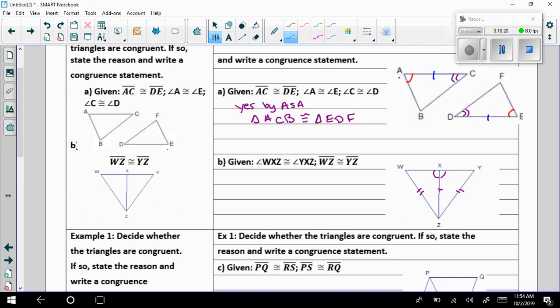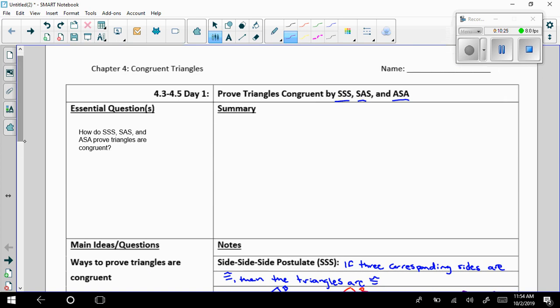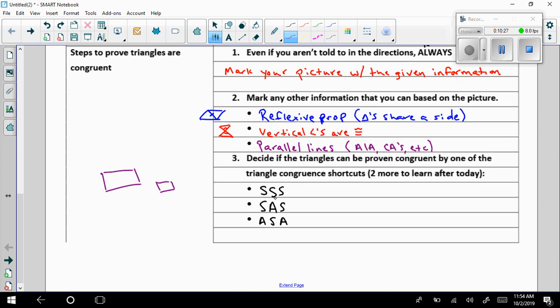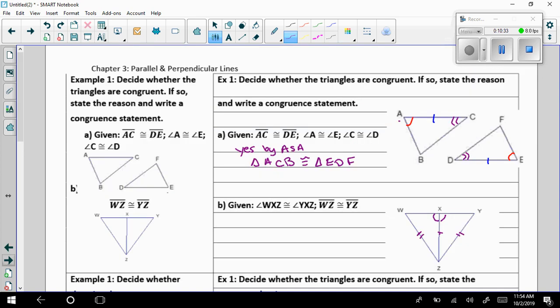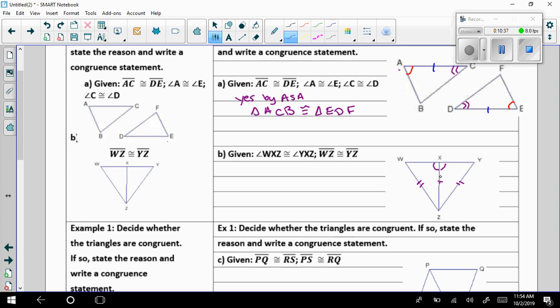That's not one of the reasons that we have, right? It has to be a side, side, side, a side, angle, and then a side, or an angle, a side, and an angle. So again, looking at this, I have angle, side, side. All right, this is bad. That never works, okay?